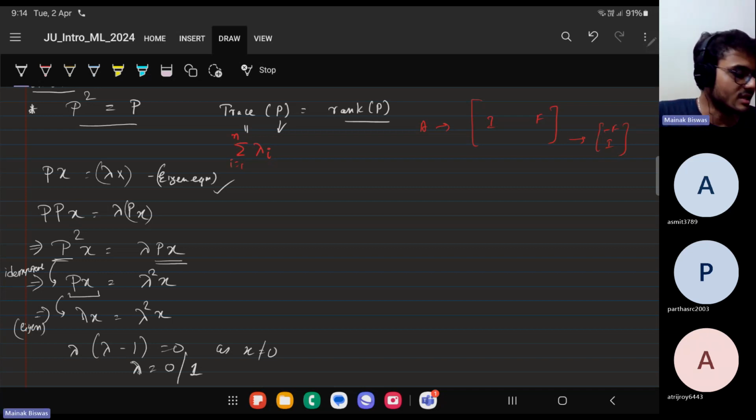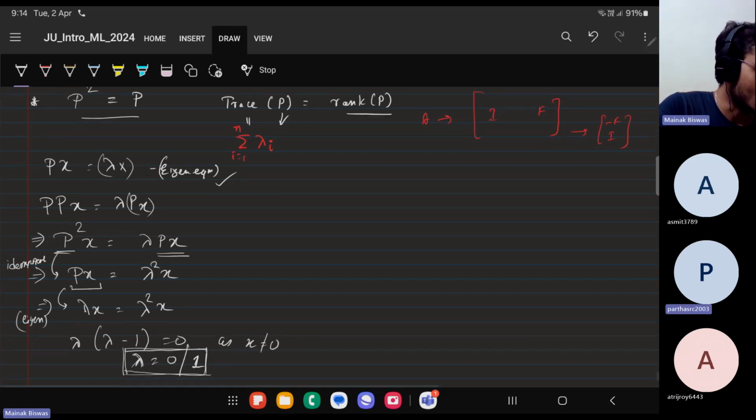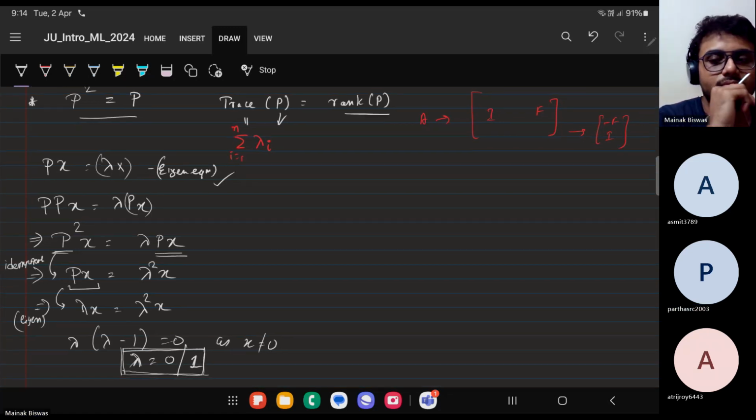Now we'll see if it is 0 or 1. How many? Basically I can say that if all are ones, then the trace will be equal to its number of columns. But even if there is one 0, its determinant will be 0, which means rank is smaller than n.